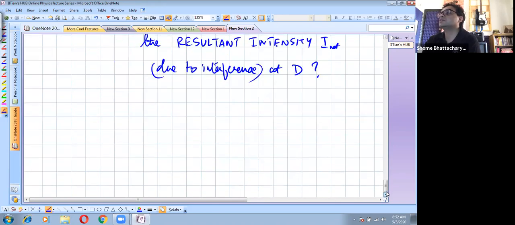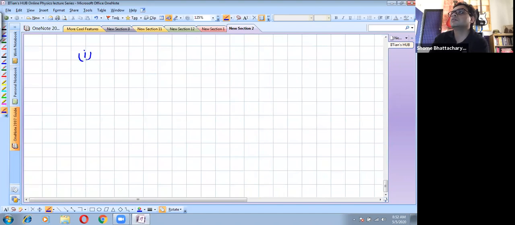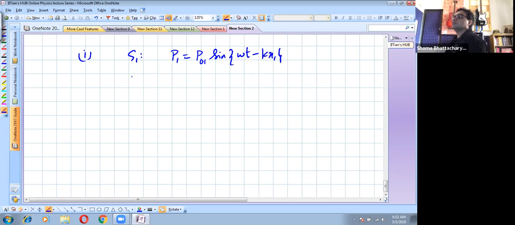So coming back here, if the sound coming from source S1 is some P1, which is some kind of amplitude, into sine omega t minus kx1. The sound coming from the source S2 is some kind of amplitude into sine omega t minus kx2. There is no other phase factor because the two sources are synchronous.